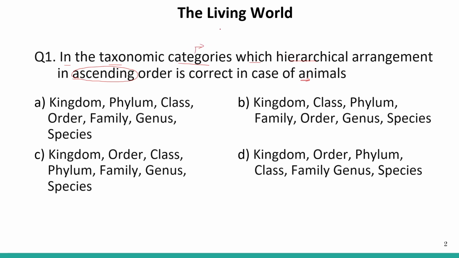What are taxonomic categories? It is a rank, or you can say a group of organisms that are grouped together based on their characteristics.